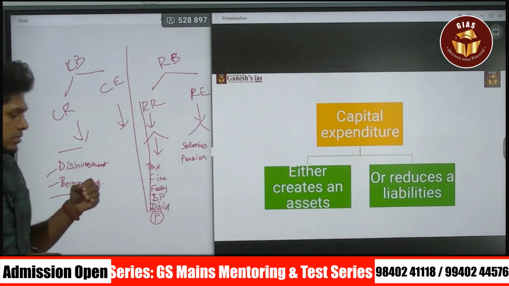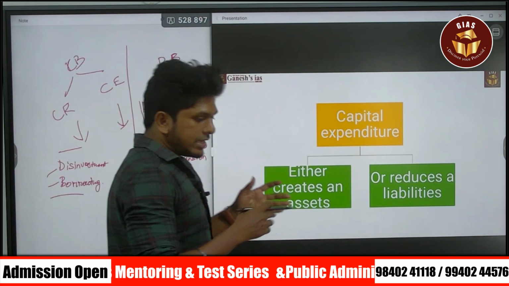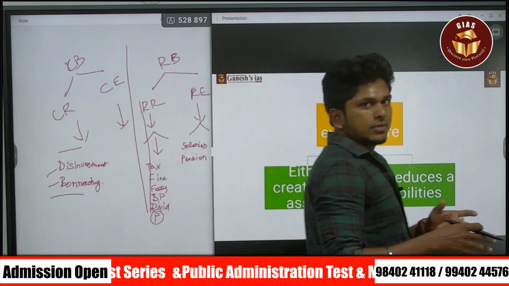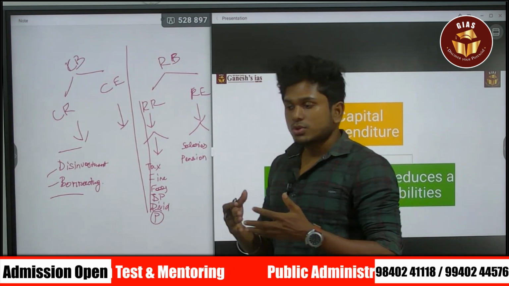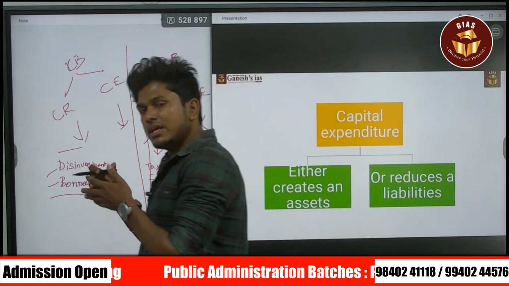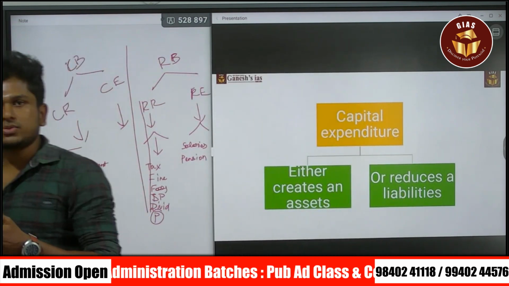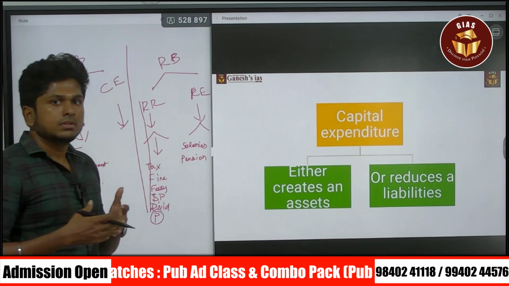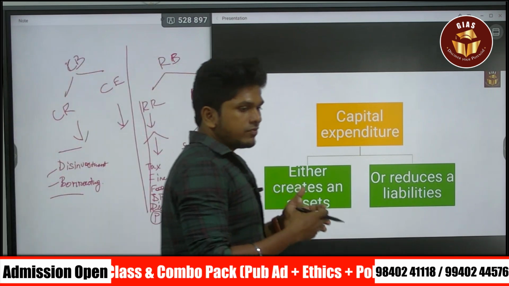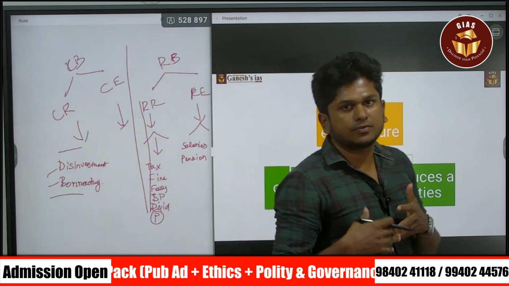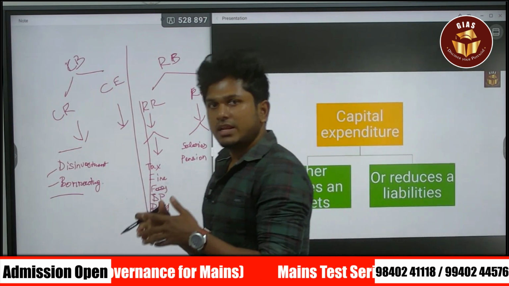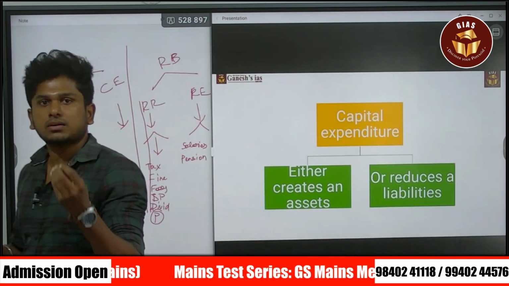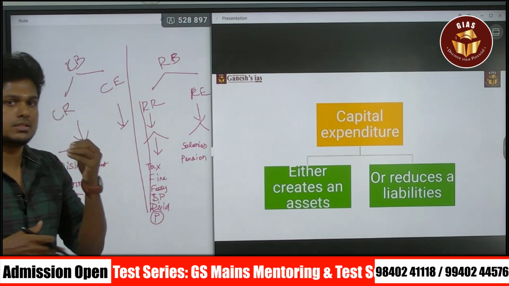And also consider that the government is repaying certain money they borrowed from the World Bank or IMF, anything. In that scenario, they are reducing their liabilities, they are reducing their debts. If there is a debt, that will affect the future generation of that country. So the government is reducing their liabilities. So that is also part of the capital expenditure.